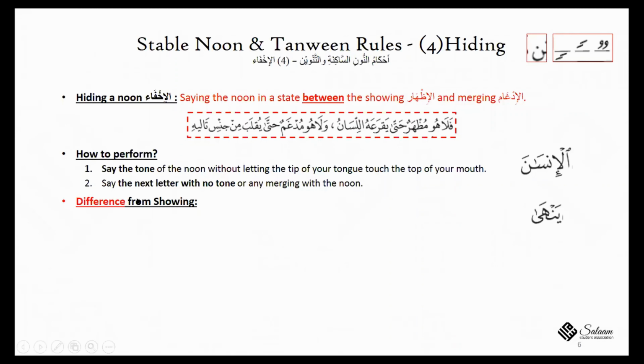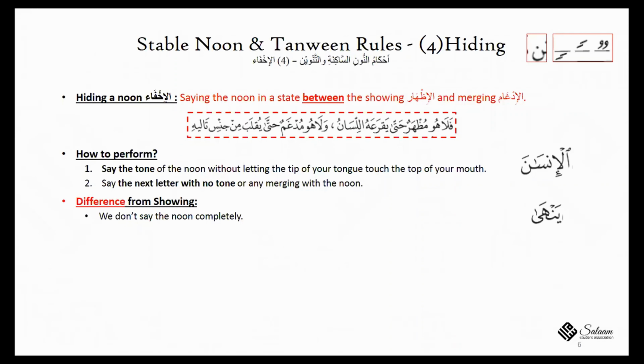So it is different from showing, like in yanha. What's the difference between the noon here and the noon here? The difference is that in the noon here, we do not say the noon completely like there. We do not make the tongue touch the top of the mouth. We do not say yanha.